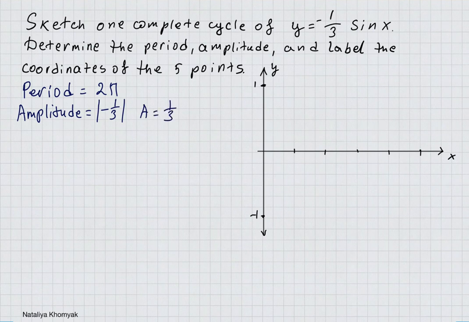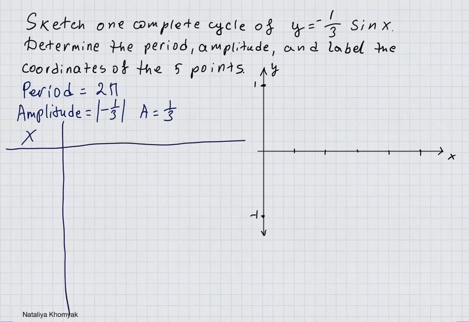The x values will be the same as we had in the previous problem. We want to start at angle equal to 0, so here we're going to start at 0.